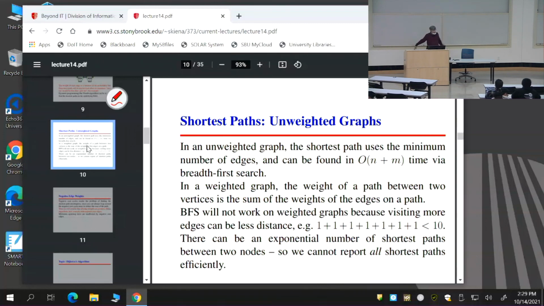Find everything that's one hop from me. Then I find everything that's one hop from things that are one hop from me, which means they're two hops from me. Find everything that's one hop from something that's two hops from me. That means it's three hops from me. Okay? So the good thing is that breadth first search in an unweighted graph finds the shortest path.